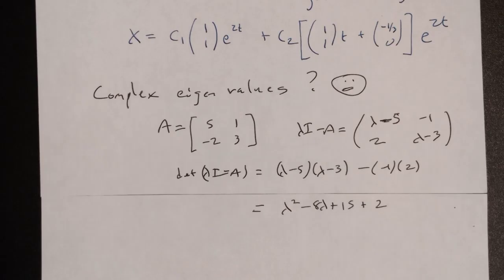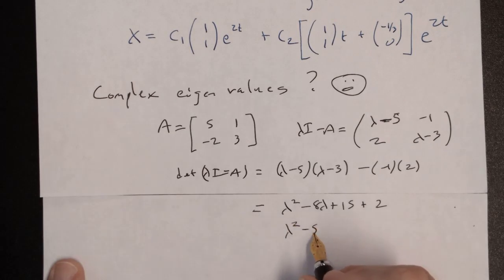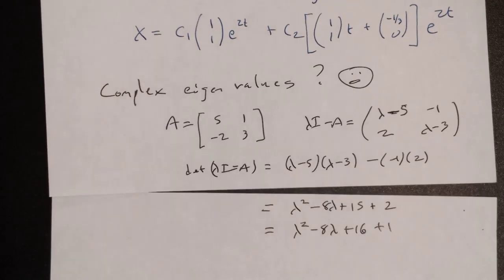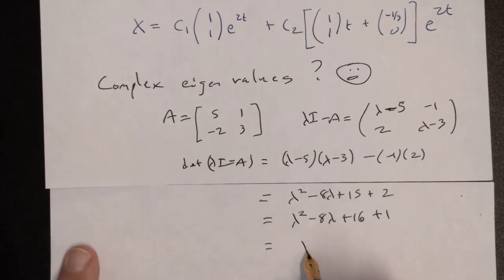I'm going to do completing the square, because it's really easy from here. That's lambda squared minus 8 lambda plus 16 plus 1. Because isn't 16 half of 8 squared? Oh, that makes my life easier. That makes this lambda minus 4 squared plus 1.